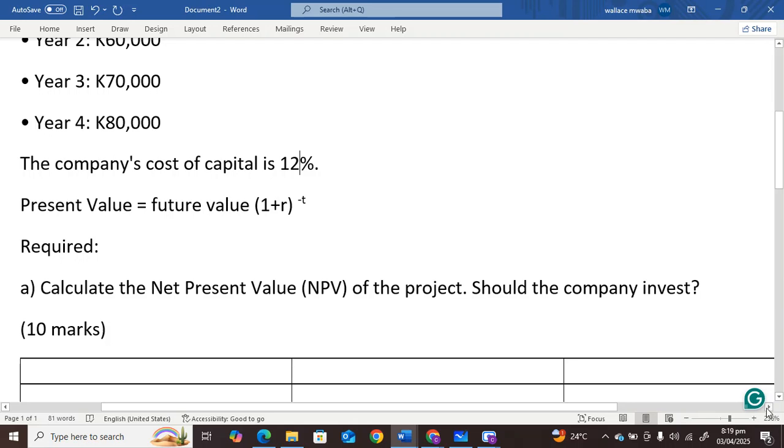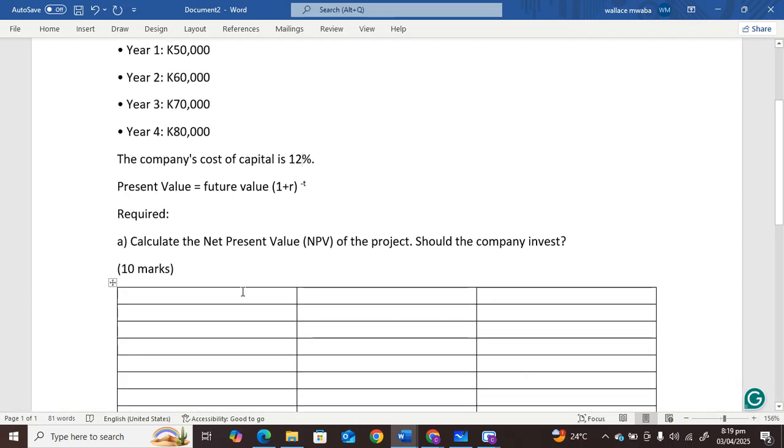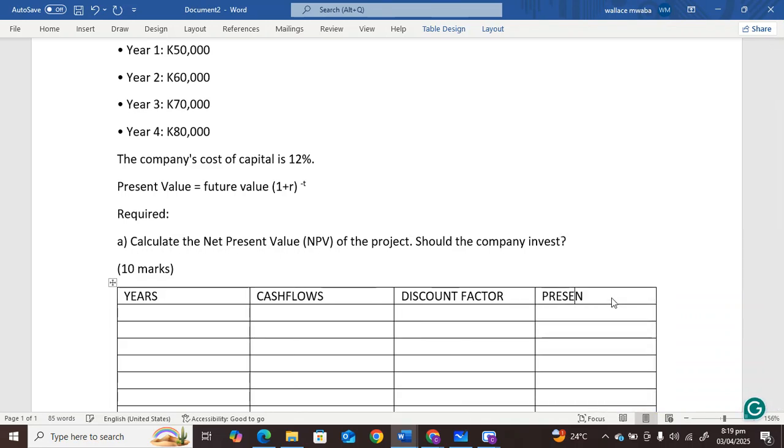So you just make a table like this. Here you've got your years, then your cash flows, then your discount factor, and then your present value. For the years, you start from year zero.